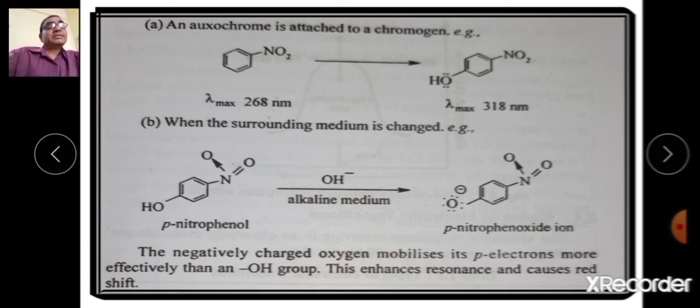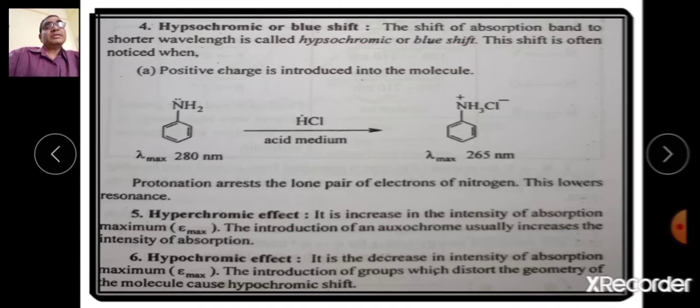Then the next shift is known as hypsochromic, or the blue shift, that is to the shorter wavelength. The shift of the absorption band to shorter wavelength is called hypsochromic or blue shift. Now we have seen the different regions of the electromagnetic spectrum, that is IR, infrared.